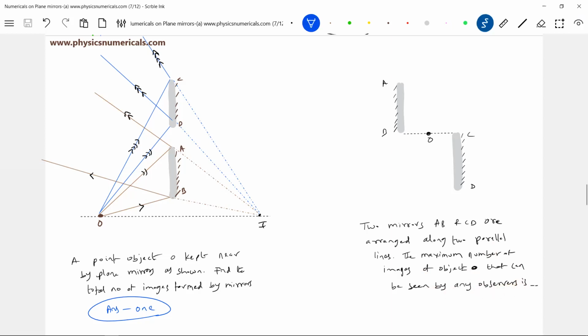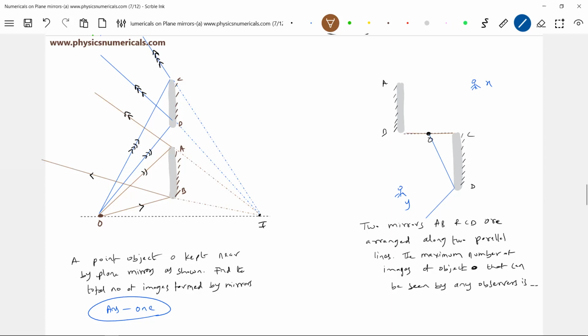Let's do one thing. One person is here, person X, person Y. What about the number of images you will see? For that we'll take help of the ray diagram. The ray incident here will reach this one.